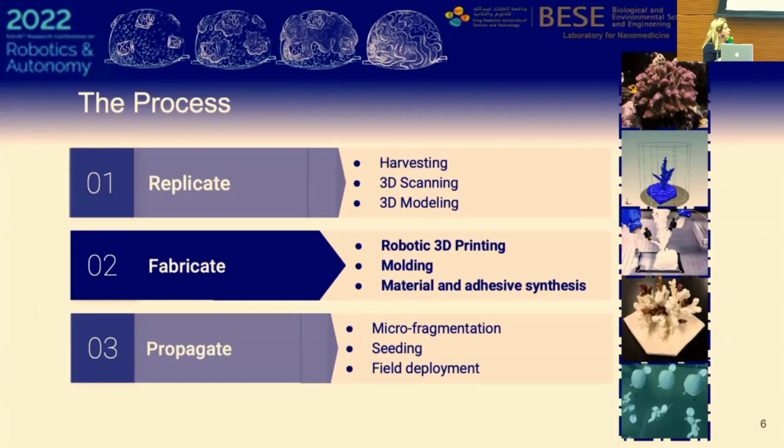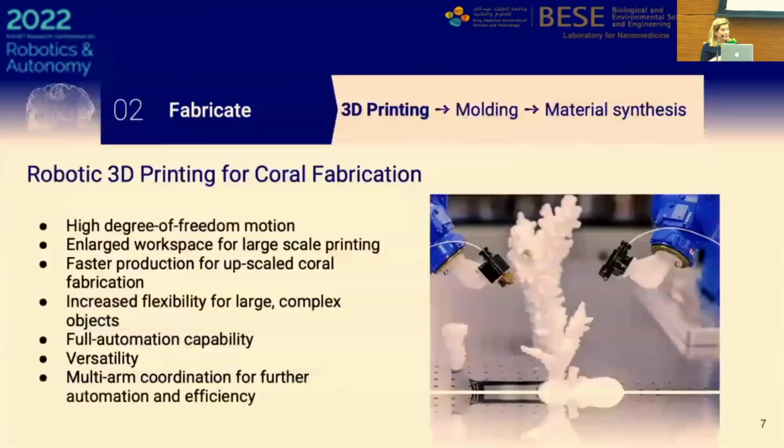In the end, when you have all this done, the printed structures, you do what is called microfragmentation. From the healthy corals, the big structures, you cut little pieces, glue them onto the printed structure, seed it, and then do a field deployment. That is obviously the final proof of concept.